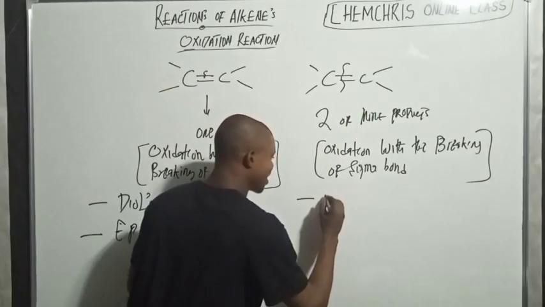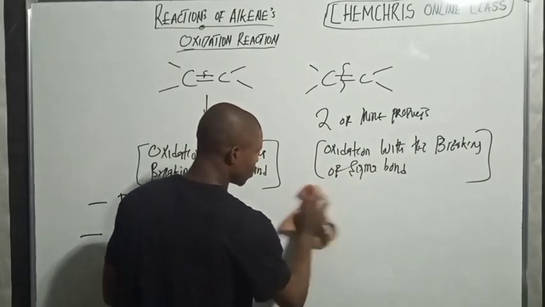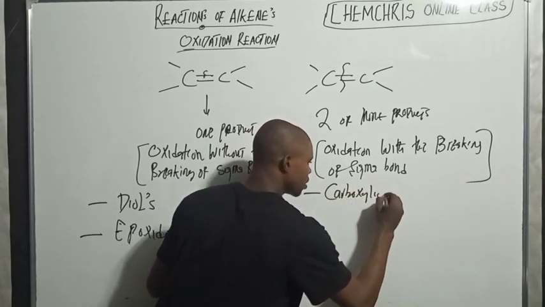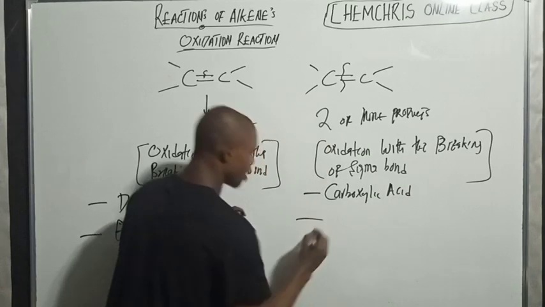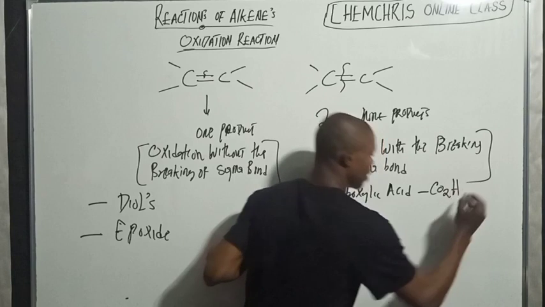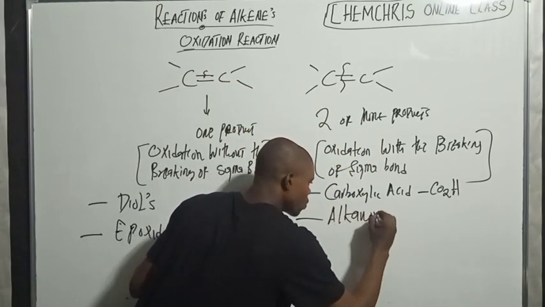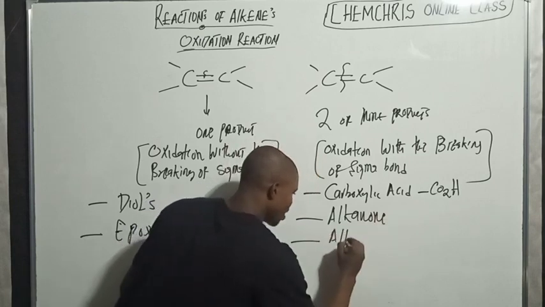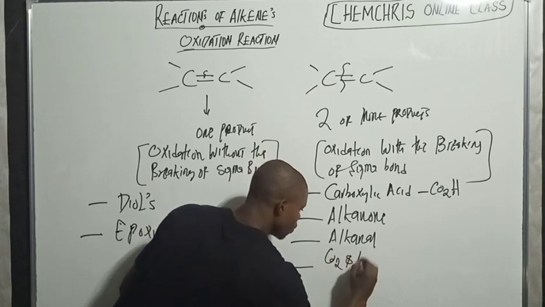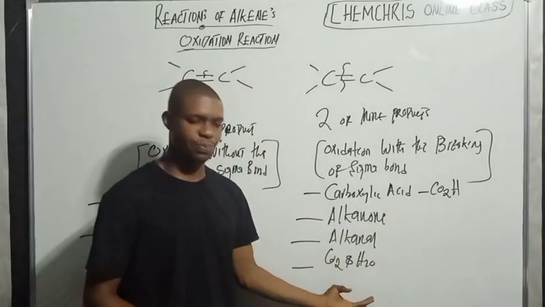You can get a carboxylic acid, you can get an alkanone, and you can get CO2 and water. Do you understand?